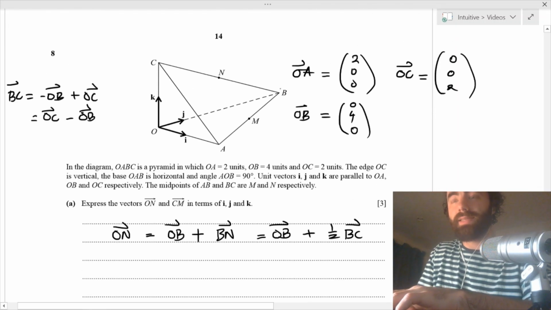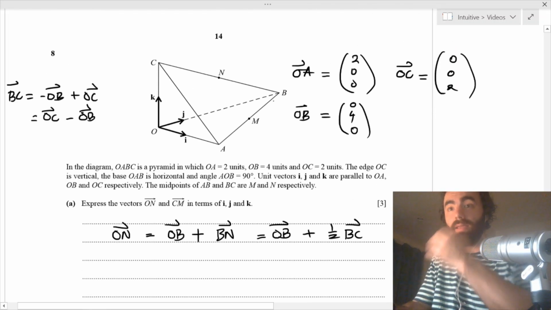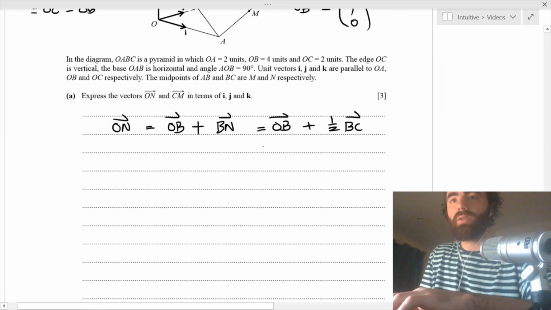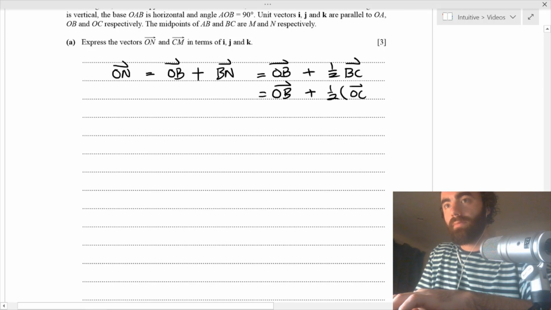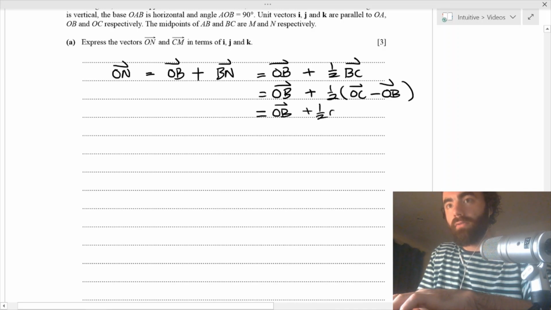And what is BC? BC is equal to OC minus OB. Which equals to OB plus a half of OC minus a half of OB. This equals a half of OB plus a half of OC.